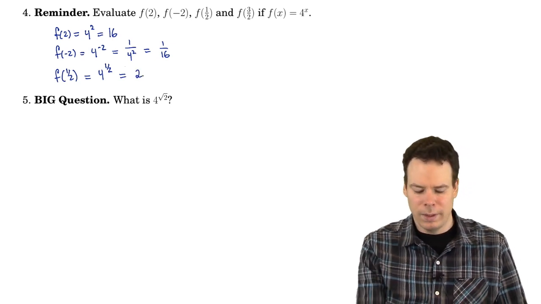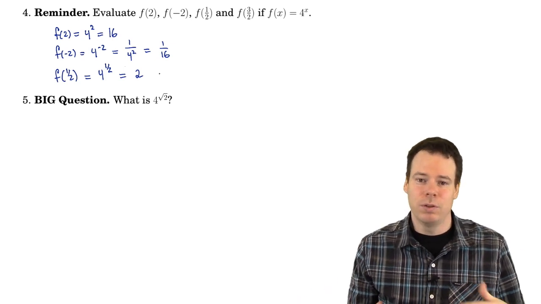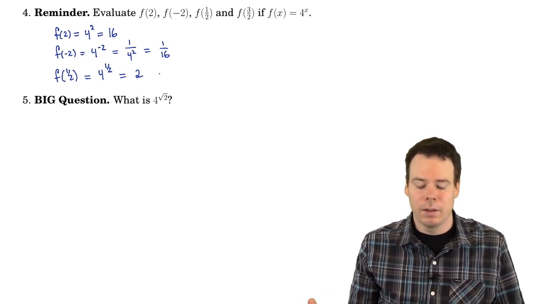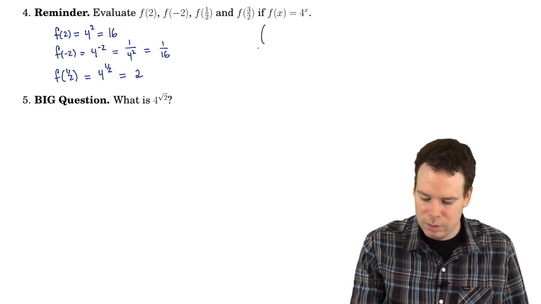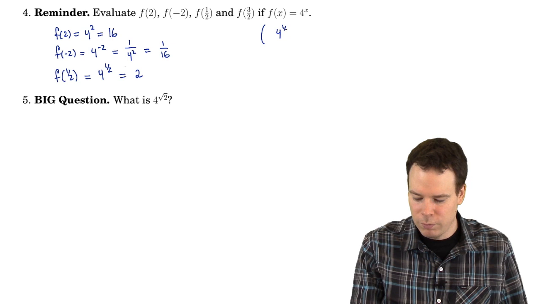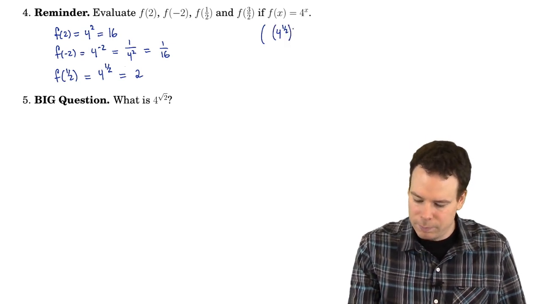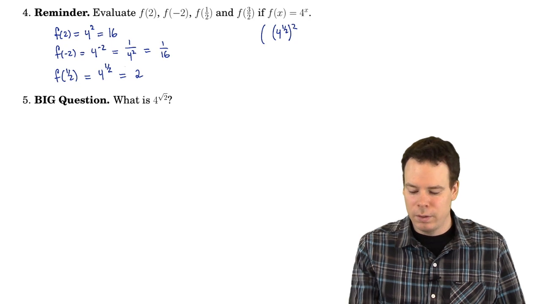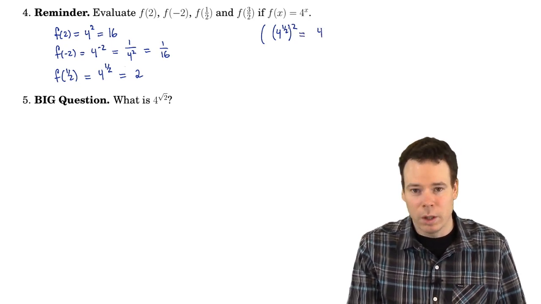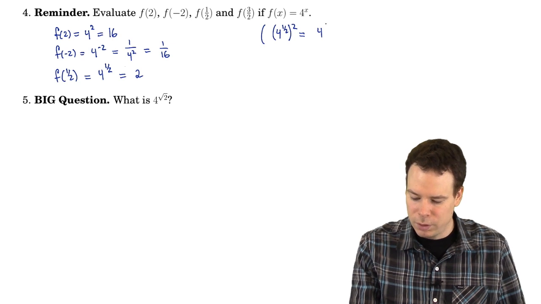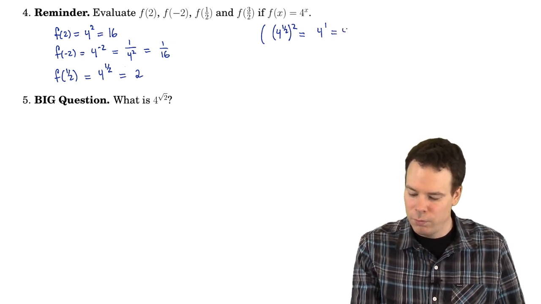Now you may say, well, why is 4 to the 1/2 the square root? Maybe you learned that, you knew it, but you want to know why. Why does the power of 1/2 mean square root? Well, just as a side note, we've got 4 to the power of 1/2. I want to know what that number is. Well, notice that I could square that. If I square that, I can use the properties of exponentials that say it's just the product of the two exponents. 4 to the power of 1/2 times 2 is 4 to the 1, or 4.